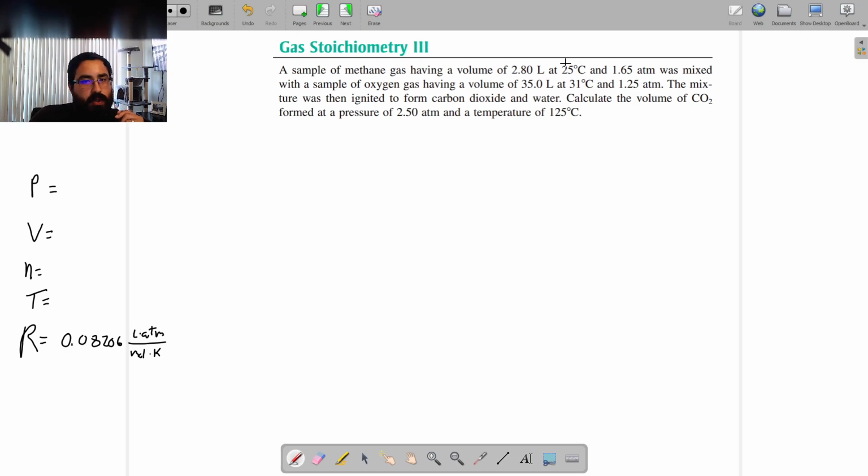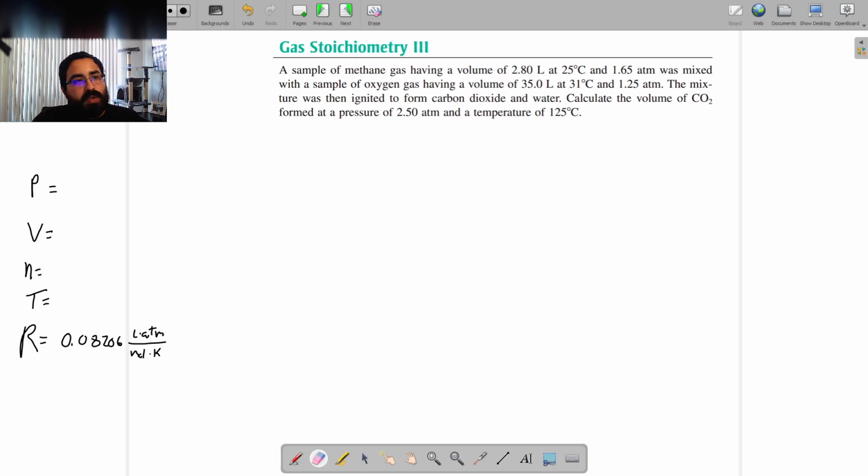Oof. So whenever you see words like at and, those are unifying words. That means those three things go together. So all three of these things correspond to methane. It said it was mixed with oxygen gas having a volume of 35 liters, 31 degrees, and 1.25 atm. So those three things are for oxygen.